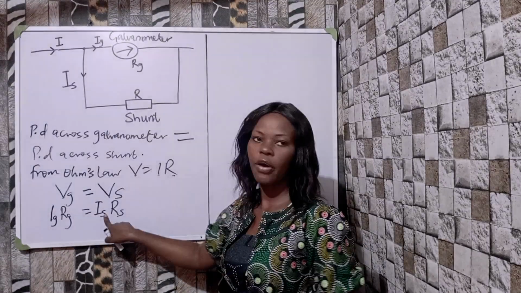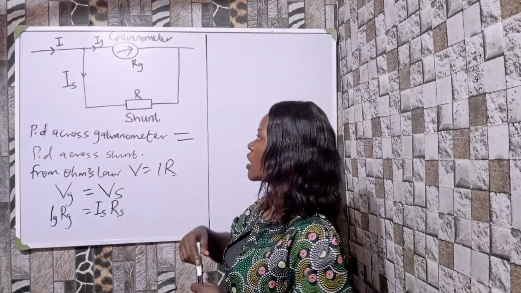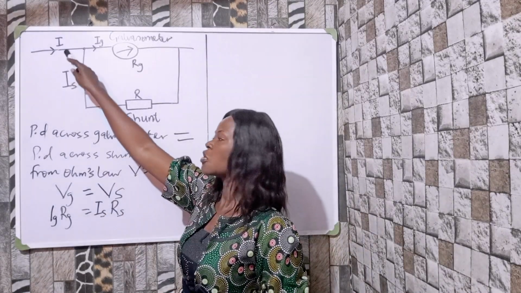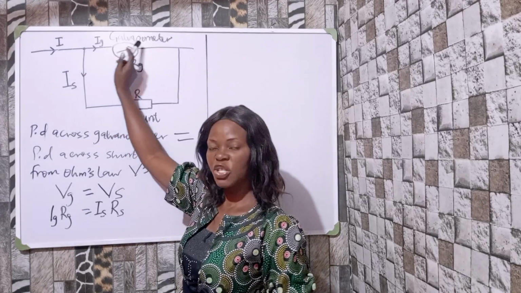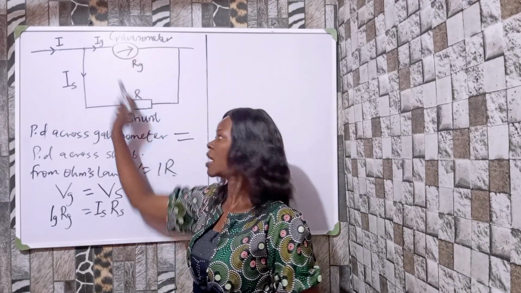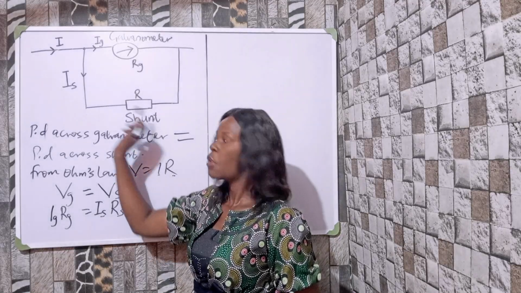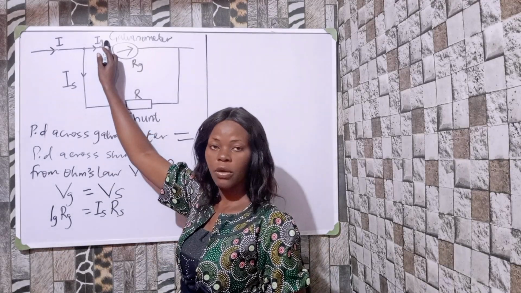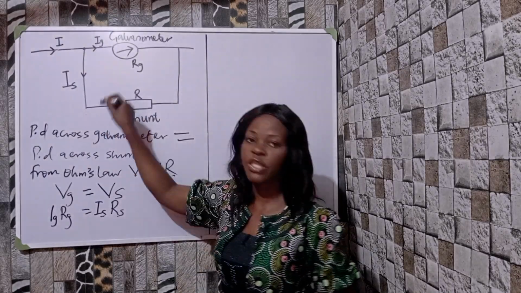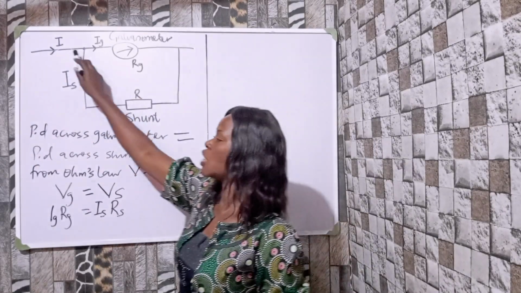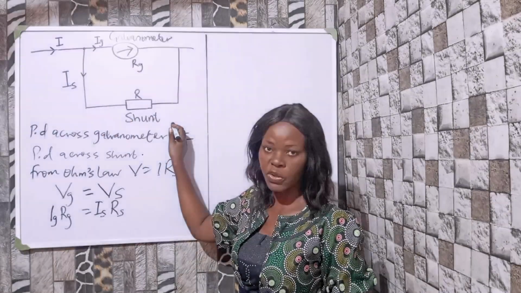Now, how do we get the current of the shunt? Because I told you earlier that if the total current flowing is I and this particular one is going into the galvanometer, how will you know the one that is flowing through the shunt? We have to subtract this current of the galvanometer from the total current flowing because of this bridge here, right? So the difference we have is the current flowing through the shunt.